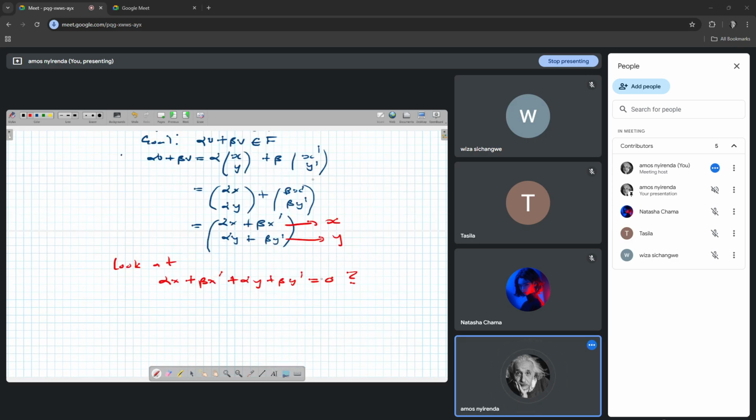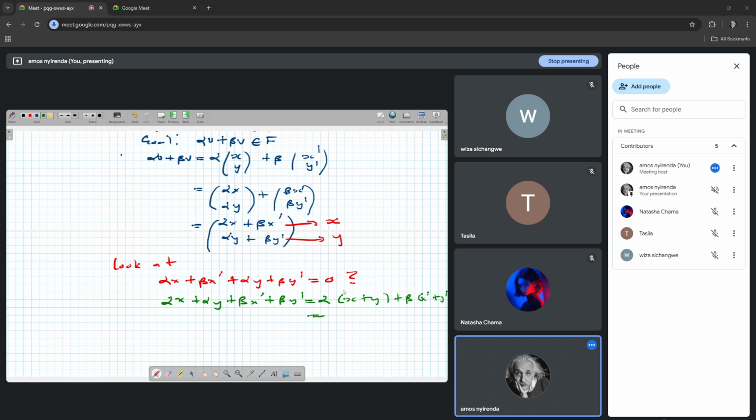Well, let's check. Let's regroup the terms such that the ones with alpha are on one side and the ones with beta are on the other side. So here we have alpha x plus alpha y, and then plus beta x prime plus beta y prime. Now I can factorize by alpha, so I'm going to have x plus y, and then factorize by beta, and I'm going to have x prime plus y prime.